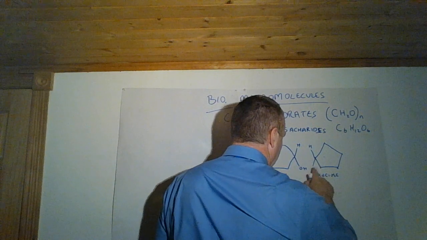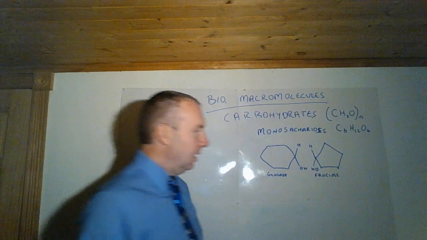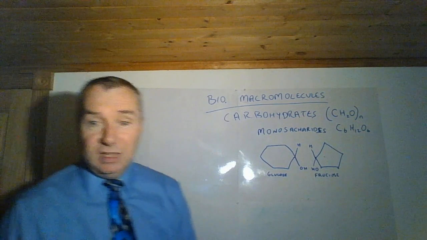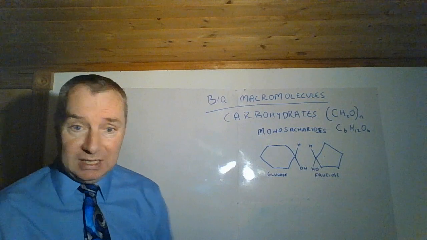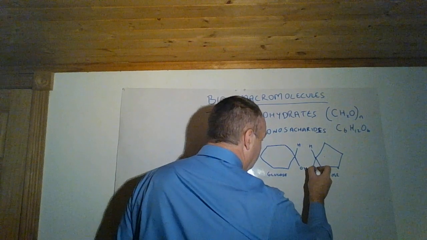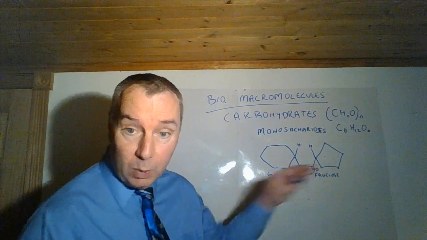Actually, for simplicity's sake, say it goes like this. And what happens is dehydration synthesis occurs. And what that basically means is that water, think about dehydration means water going away.